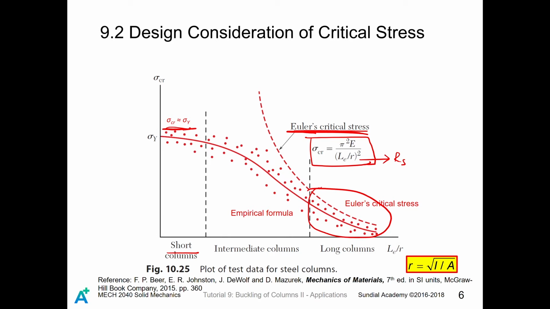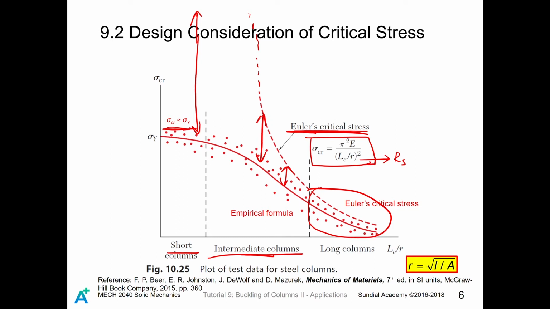If we want to estimate the critical stress in a very short column or intermediate columns, then no, you cannot use Euler's continuous model of column buckling. Otherwise, it will bring you a very large error. For short columns, it is hard to imagine the error. It will penetrate the ceiling, I guess.